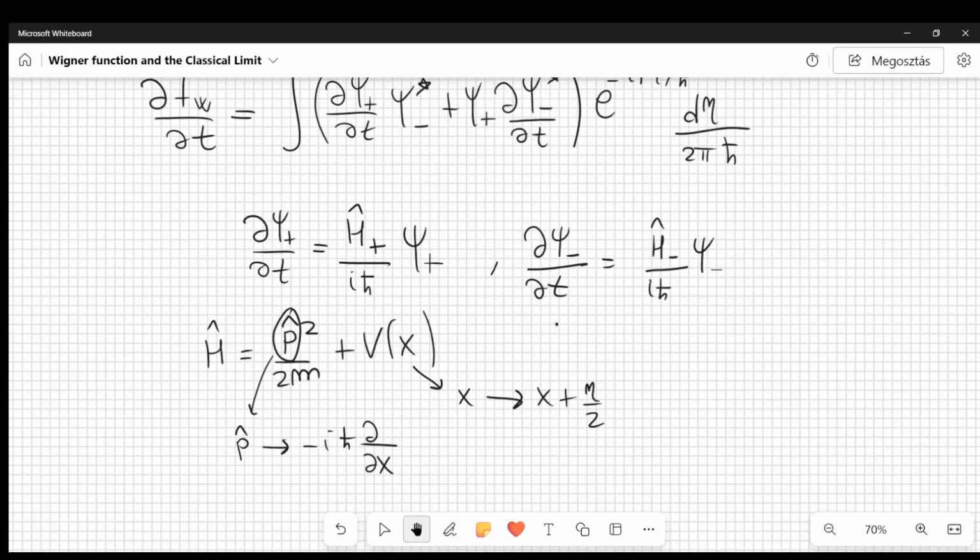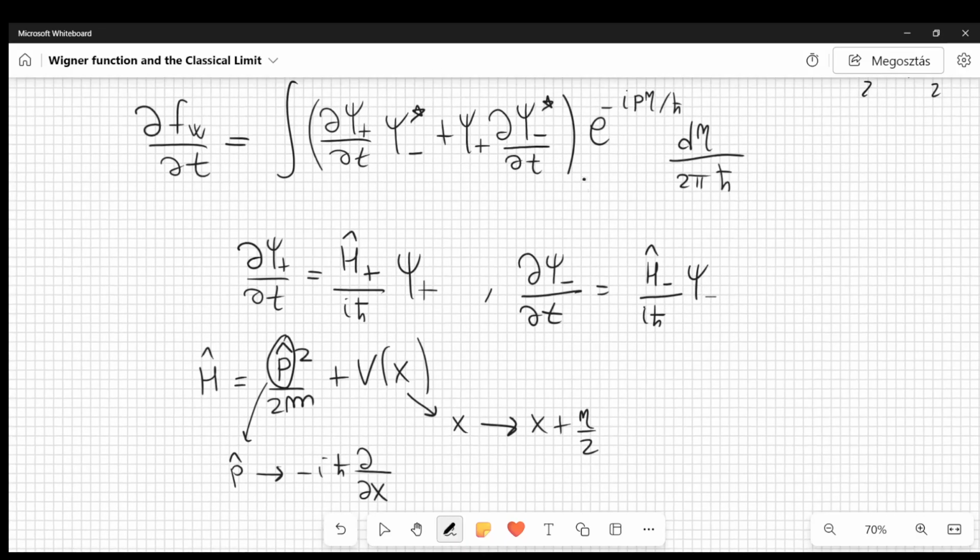And if we take the complex conjugate, which is something that appears here, well, the Hamiltonian remains equal to itself, because if you think about it, when you square momentum, this factor i disappears because i squared is equal to minus 1. And therefore, we can say that the Hamiltonian in this case, if we take the star, is simply equal to itself.